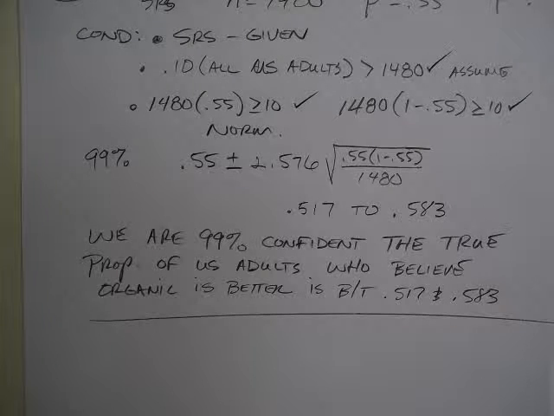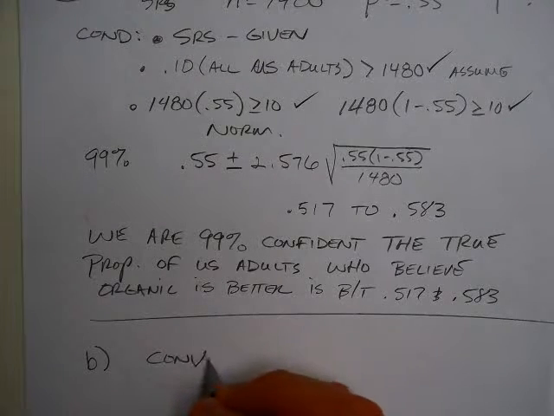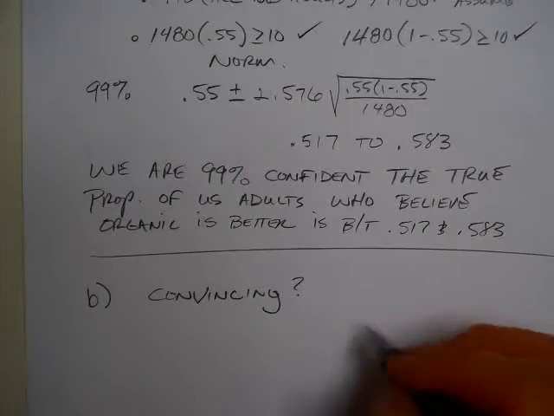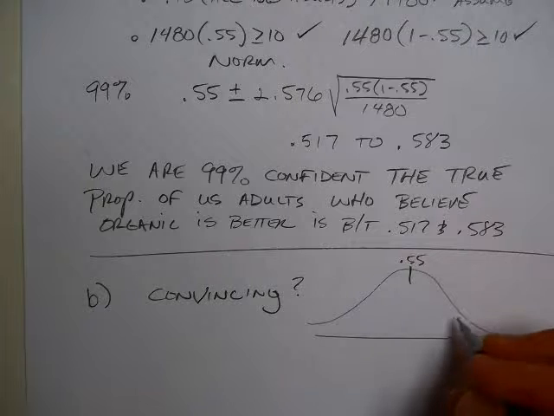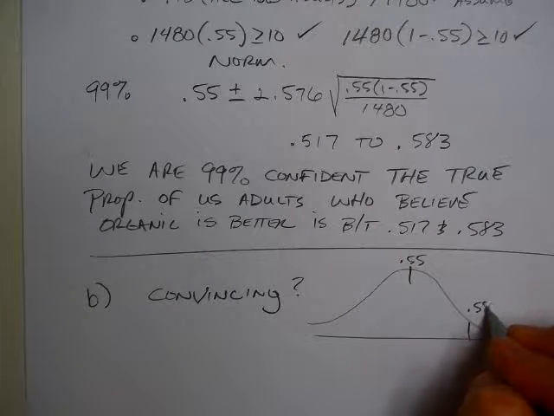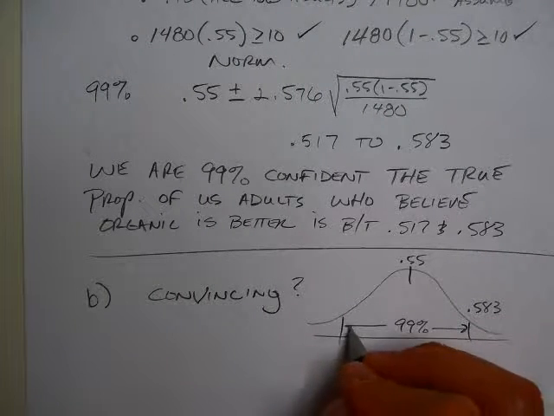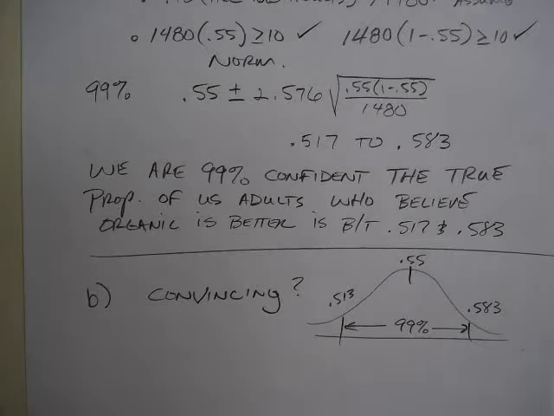So does this give convincing evidence that a majority of U.S. adults think that organic is better for you? No? Why not, Sydney? 0.517.